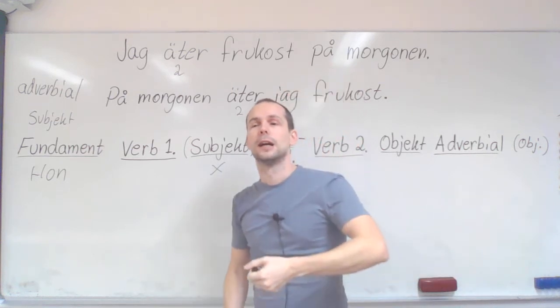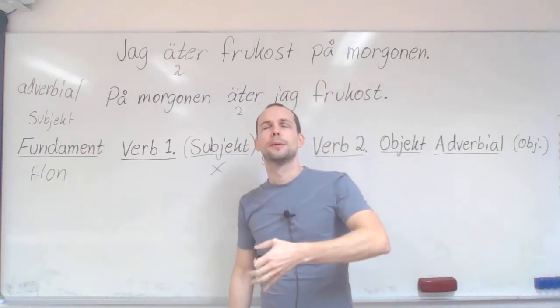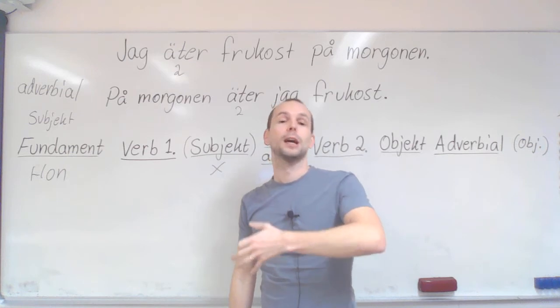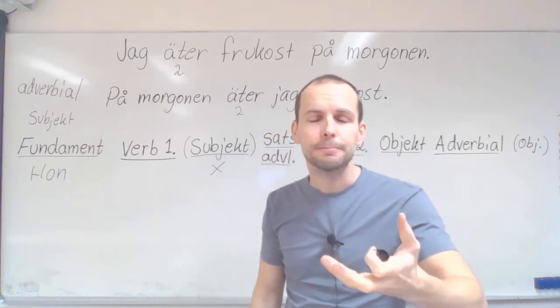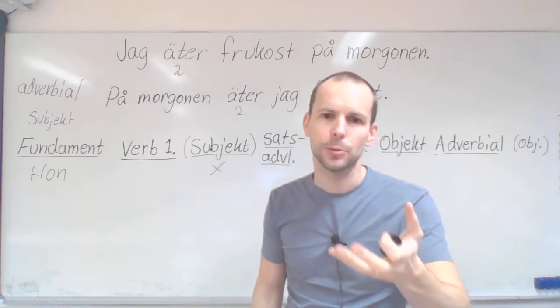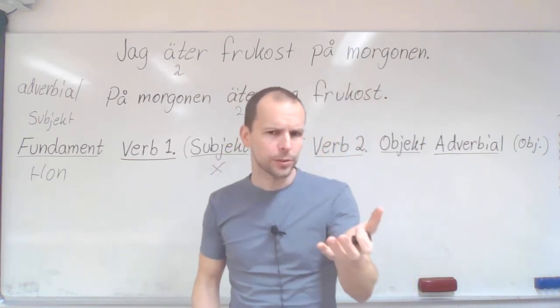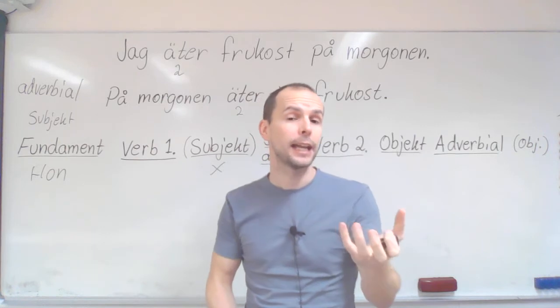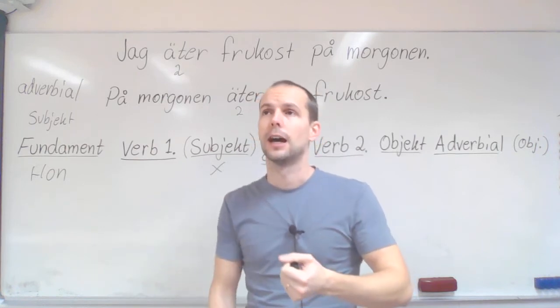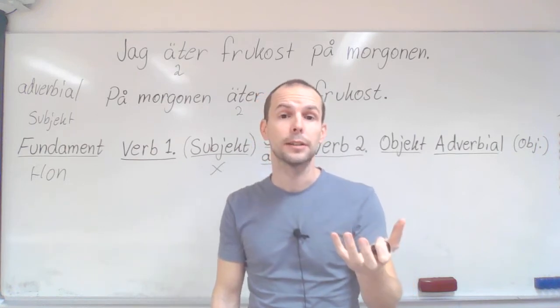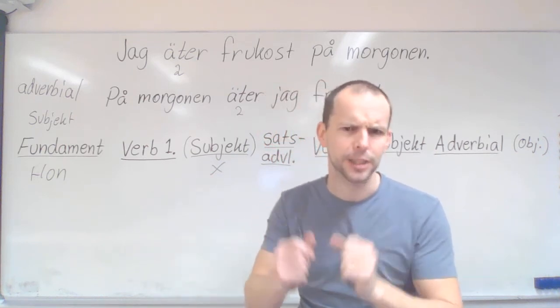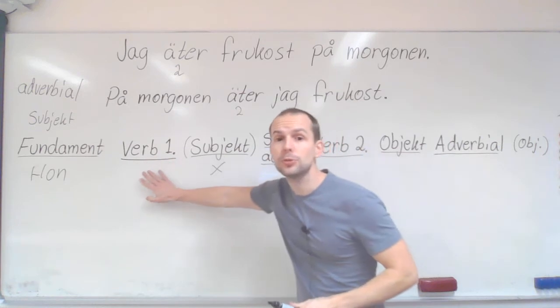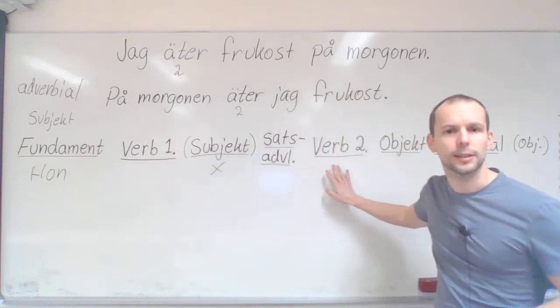For example, I want, or I can, or I will. We have the same in Swedish. I want, jag vill. I can, jag kan. I will, jag ska. So we have the same in Swedish. But if we use those, we also use a second verb.